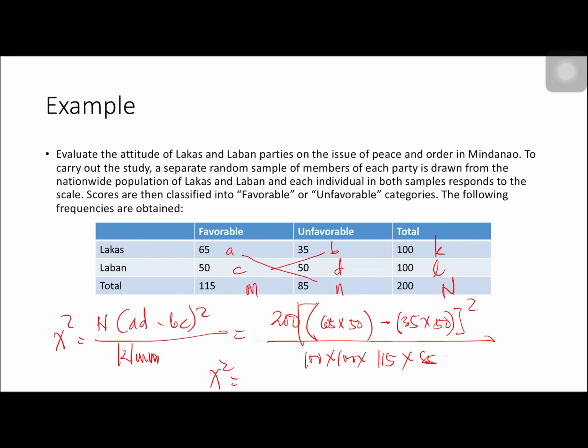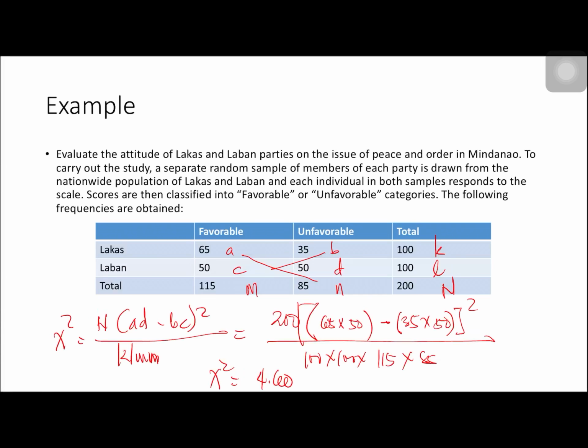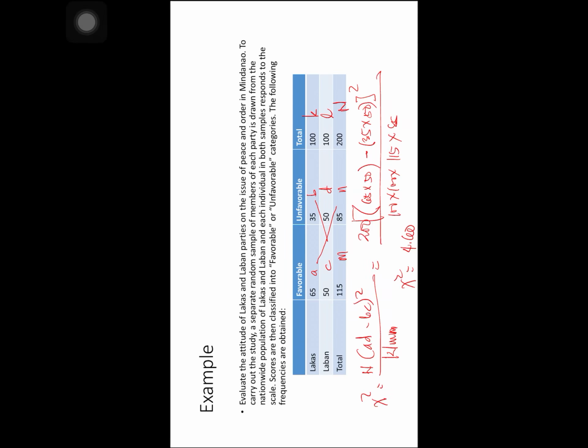Okay, so for our computed value of chi-square, we have there 200 times 65 times 50 minus 35 times 50, squared over KLMN, we have 100 times 100 times 115 times 85. Okay, so our computed value is 4.60.